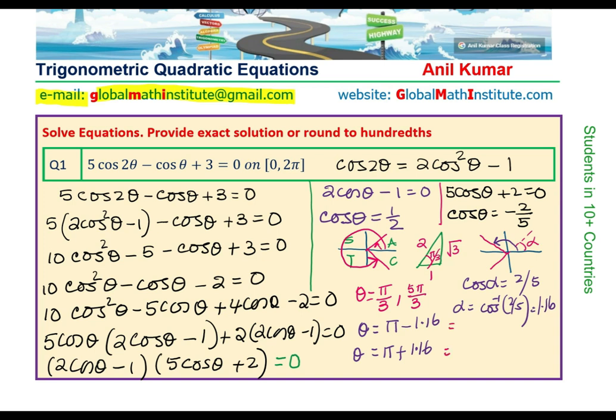When I add pi to it, I get 4.30. And when I do pi minus 1.16, I get 1.98.